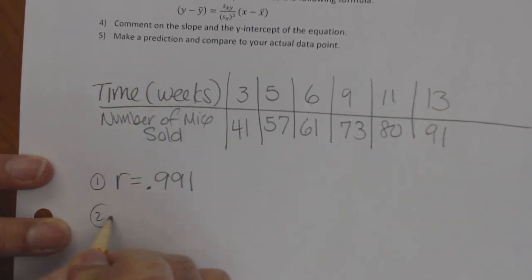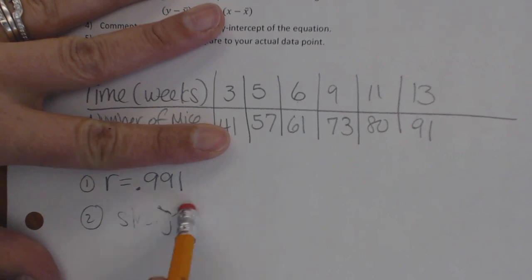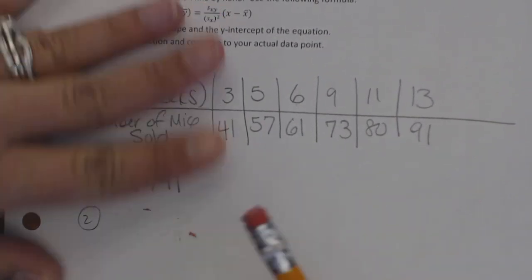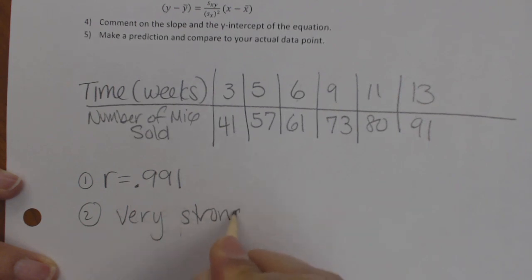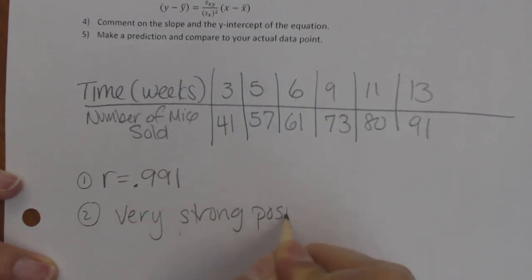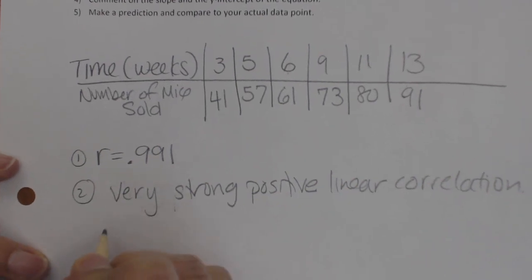That was the first one. Number 2, we're going to go with a strong positive. Actually, let's go with very strong because it is very strong. Sorry for the erase. So very strong, positive, linear correlation. And let's tell why.